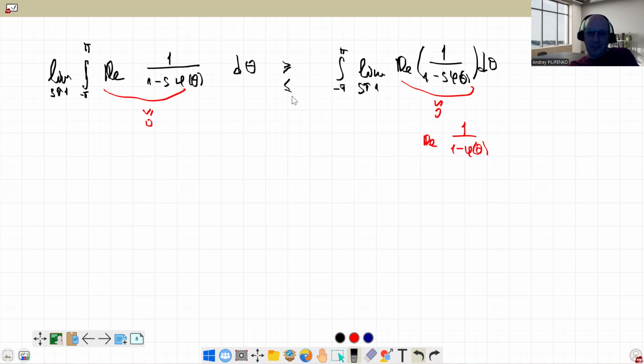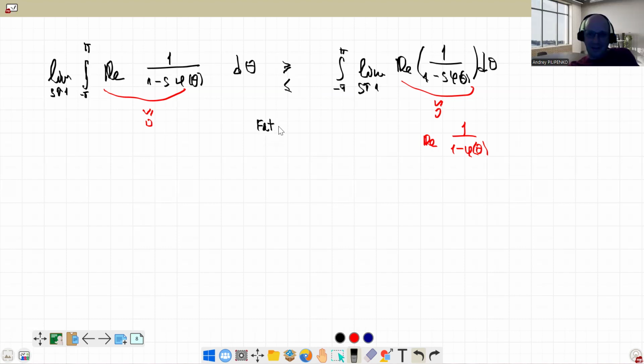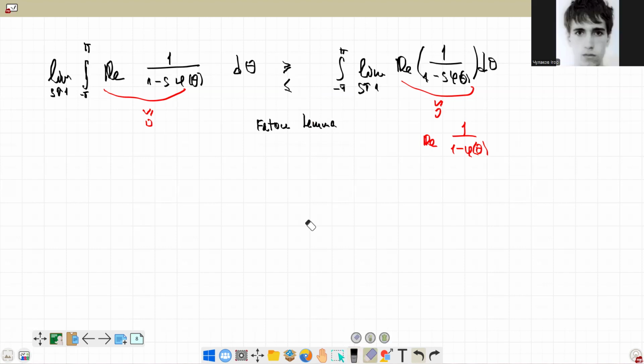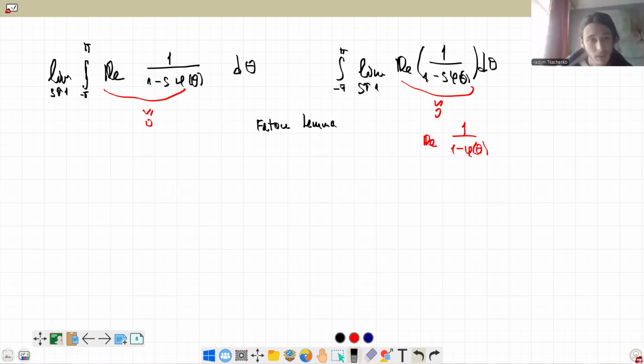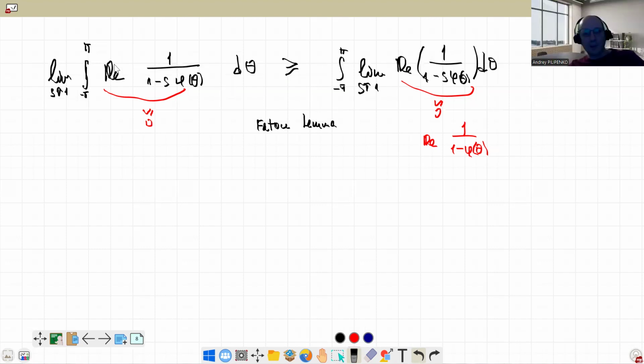So I have to write this inequality or this inequality. So this is the Fatou lemma. Yes. Sorry, I thought about the upper limit. Yeah. So this is greater than or equal to this one.